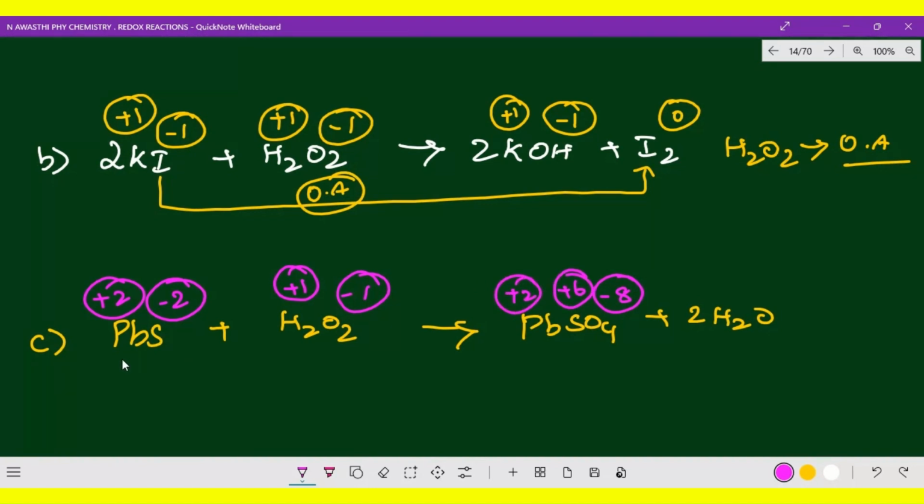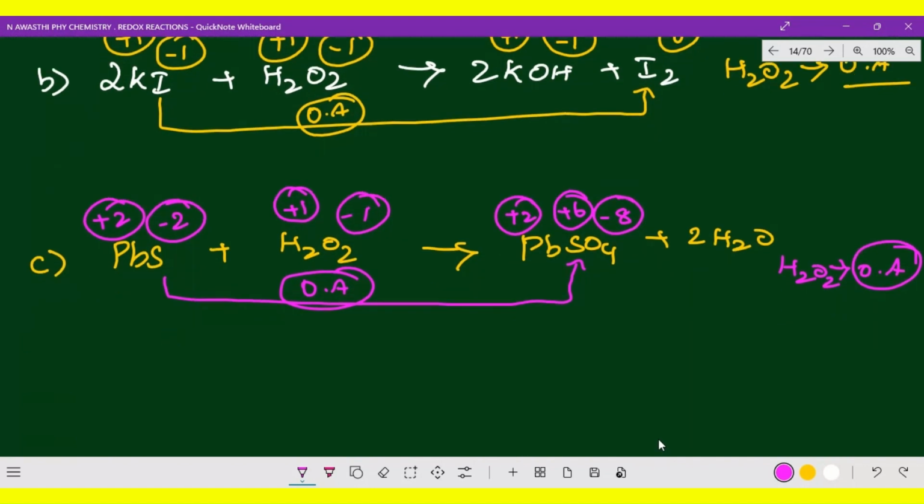So sulfur -2 is converted to +6. Lead stays +2 on both sides. So here also H2O2 acts as an oxidizing agent only, not a reducing agent.